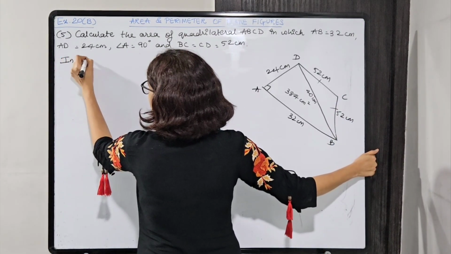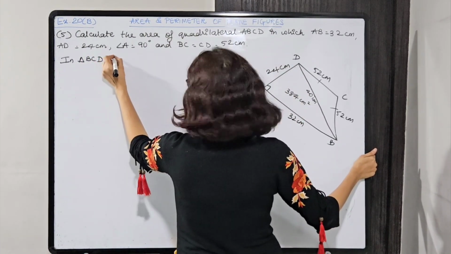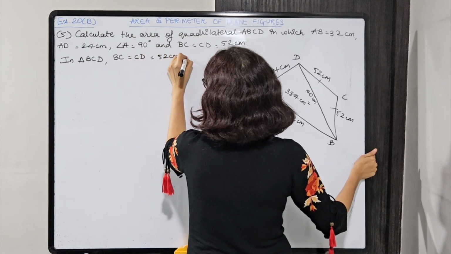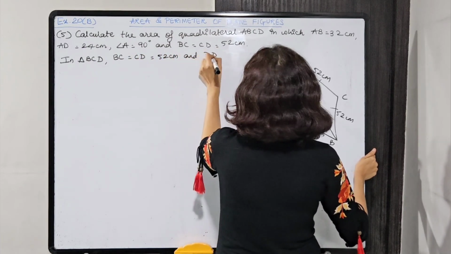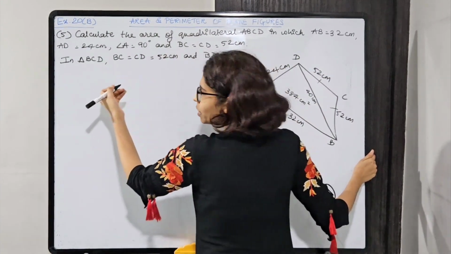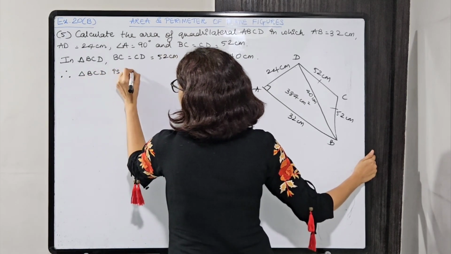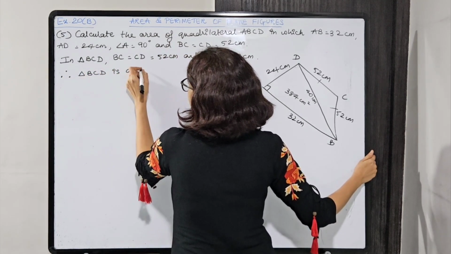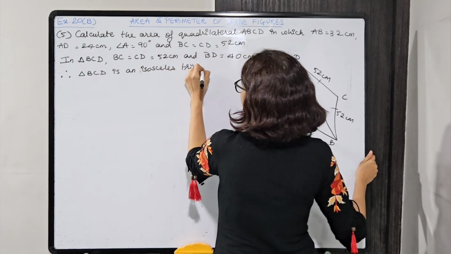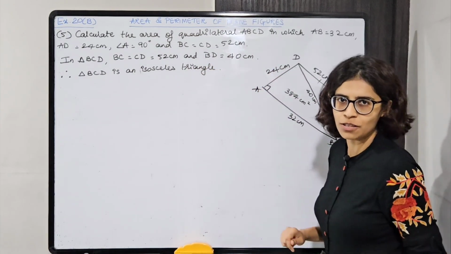Now considering triangle BCD. In triangle BCD we know BC CD both are 52 and BD is 40. So this is an isosceles triangle, therefore triangle BCD is an isosceles triangle. Since it is an isosceles triangle, I can apply the formula of area of isosceles triangle.